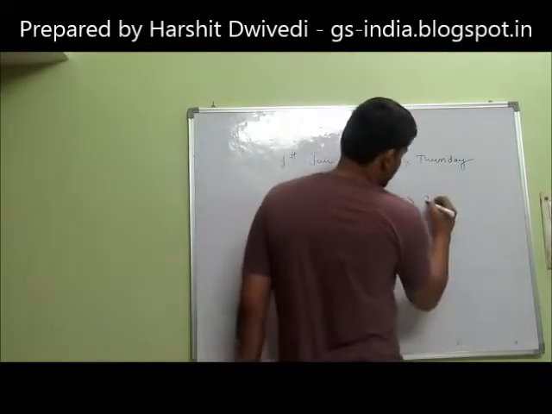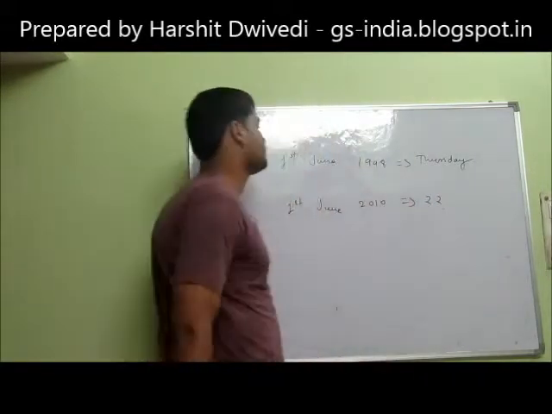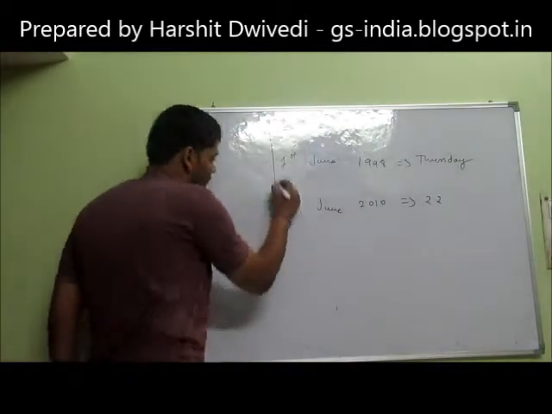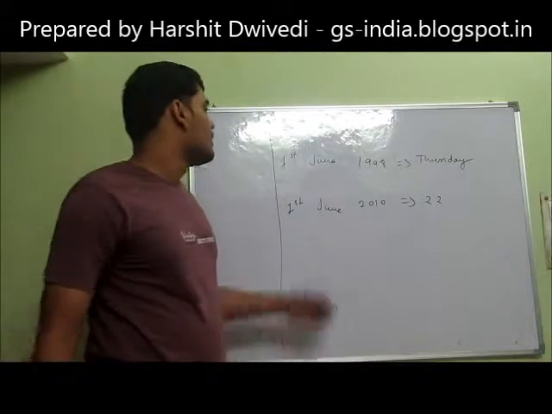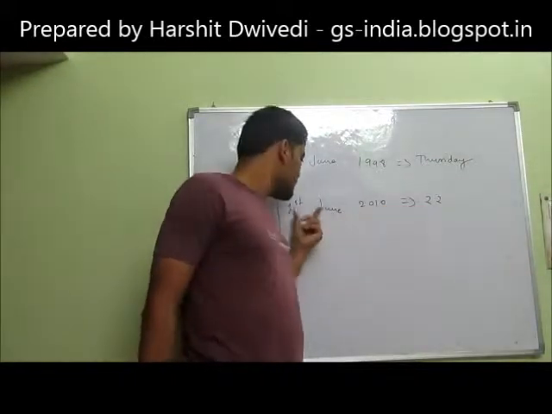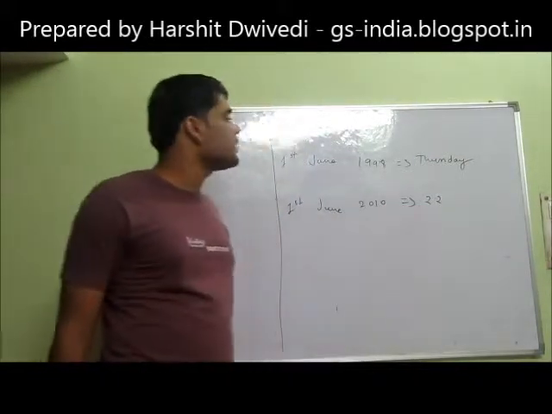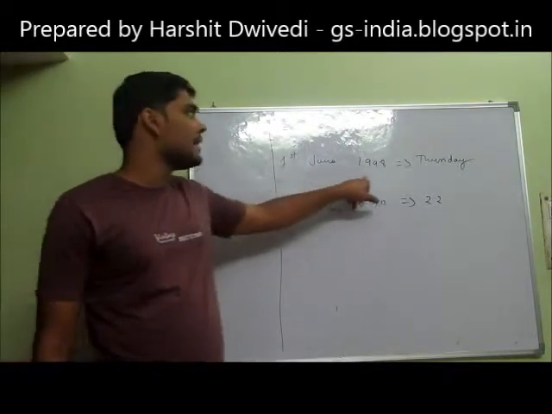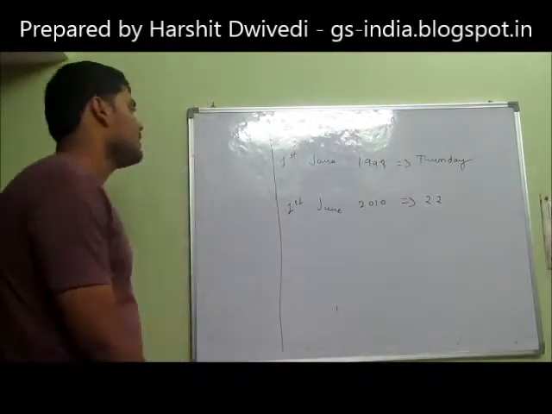This is our question. First June 1998 is Thursday. I have to calculate 1st June 2010. What will it be? So this is 1st June 1998, Thursday.